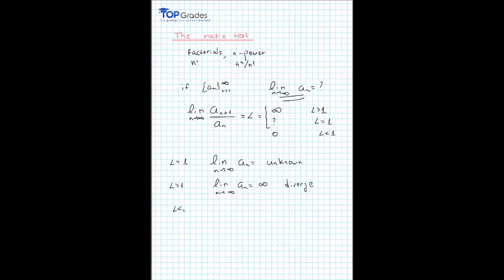And if L is smaller than 1, then the limit of our sequence exists and it's 0. It's not something else, it's 0. It converges to 0. It's not just converging to something, it's converging only to 0.